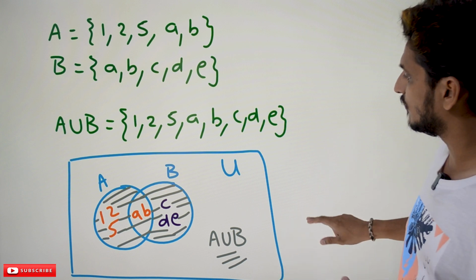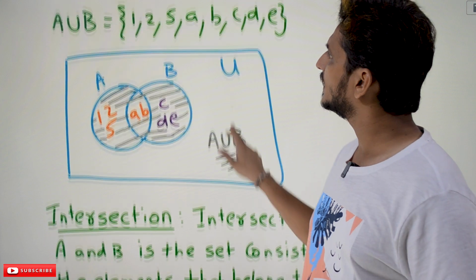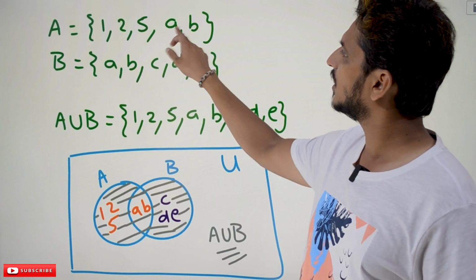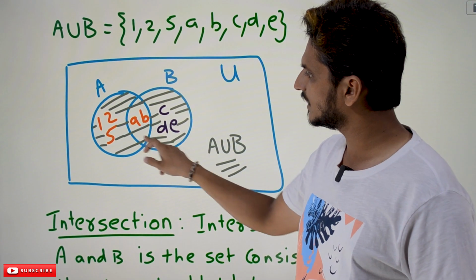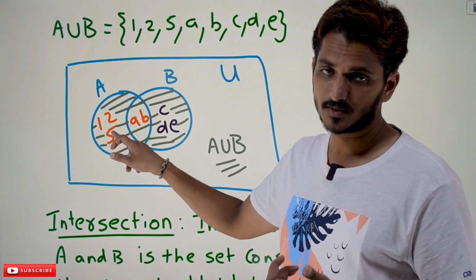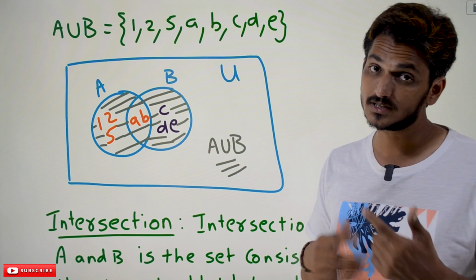Let's look at it in Venn diagram form. Let's take A and B. What are the common elements present in A and B? a, b are the common elements. So a, b is the common area where we mention the common elements. 1, 2, 5 are the extra elements present in A. c, d, e are the elements present in B. This is how we show the Venn diagram.